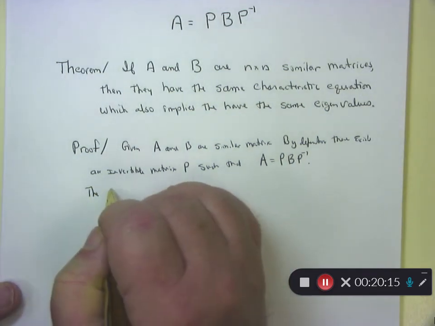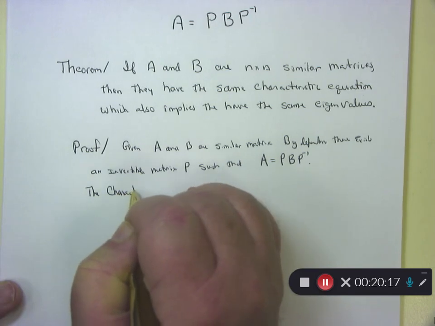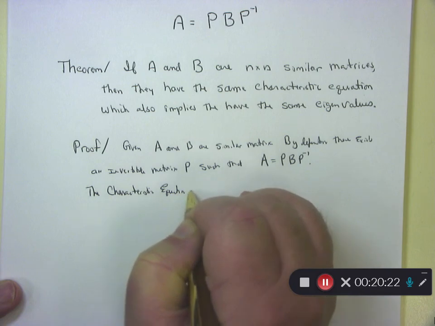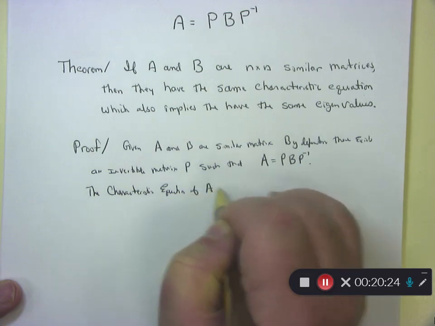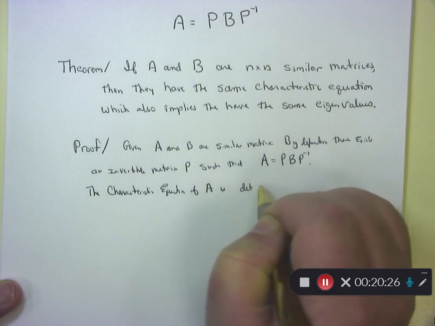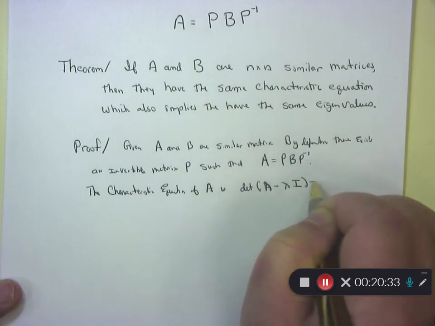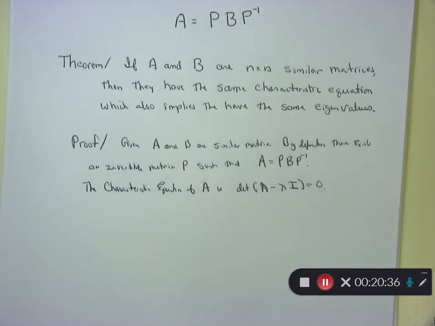The characteristic equation of matrix A is the determinant of A minus lambda I equals 0. That is my definition of what a characteristic equation is of a particular matrix. You take the matrix minus lambda I, and you set its determinant equal to 0.